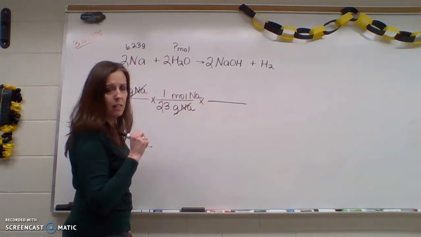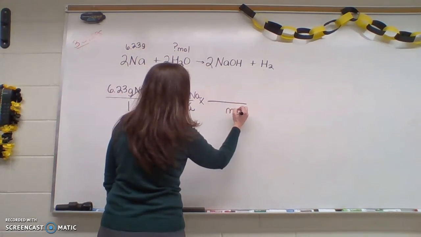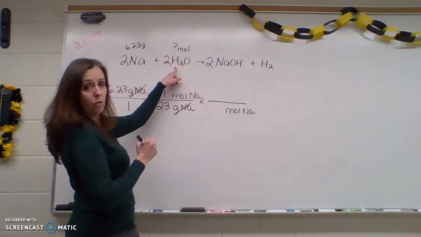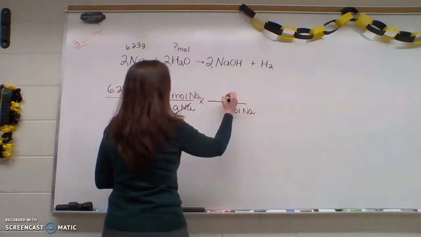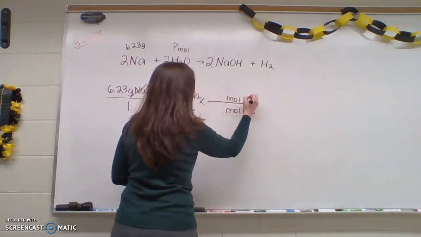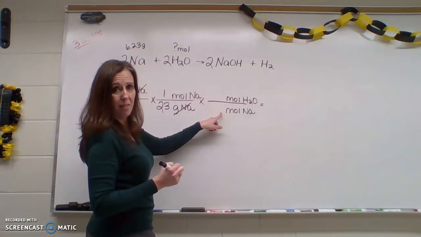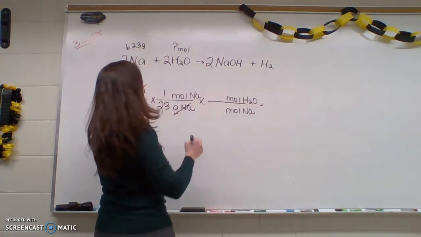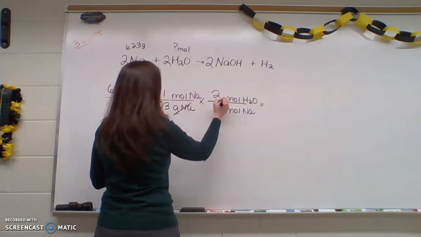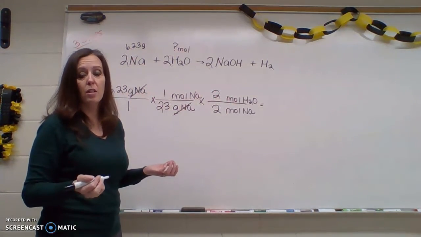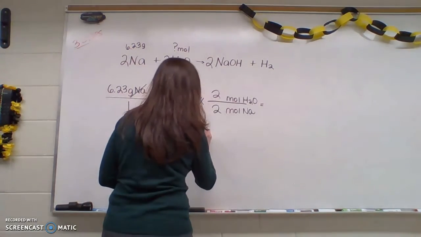I'm going to get rid of it in the next step by putting it on the bottom. And I can go now to moles of what I want, which is moles of water. Moles over moles, these numbers come from the balanced equation. So 2 and 2. All right? Plug and chug into your calculator. You should get something that looks like this.